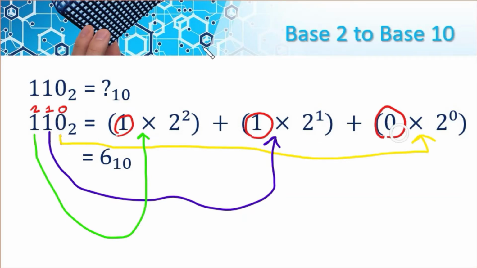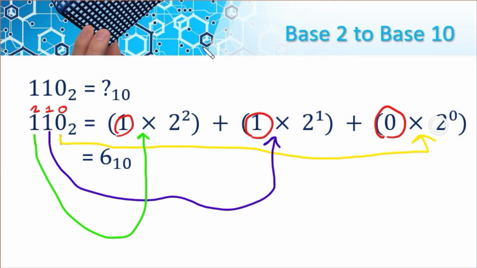Ato siya gi-times ang 0 sa 2, then to the power of iyang position, which is 0. Next, si 1. So the next bit is 1. So 1 times 2 to the power of 1, since ang position ani niya is 1. Then last, we have the third bit times 2 to the power of 2, since ang position niya is 2. Okay?